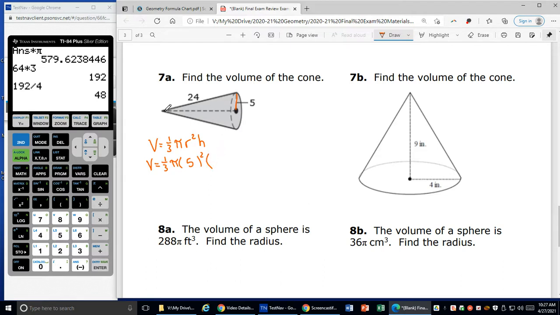Now they didn't give me my height. Remember, h, your height, is your perpendicular height to the radius. What they gave me was the slant height, but I can use that and the radius and this little right triangle to figure out what h is.